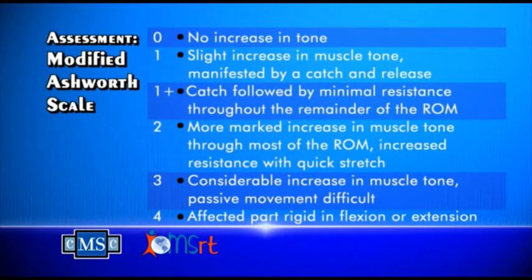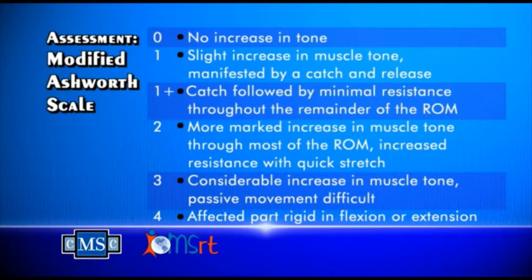A 2 demonstrates more marked increase in muscle tone throughout most of the range of motion. Increased resistance with quick stretch confirms that limited range of motion is in fact due to spasticity. You can easily detect a 2 because as soon as you start to passively elongate the muscle, you feel resistance. A 3 is considerable increase in muscle tone, and now attempts at passive movement or elongation of the muscle is extremely difficult.